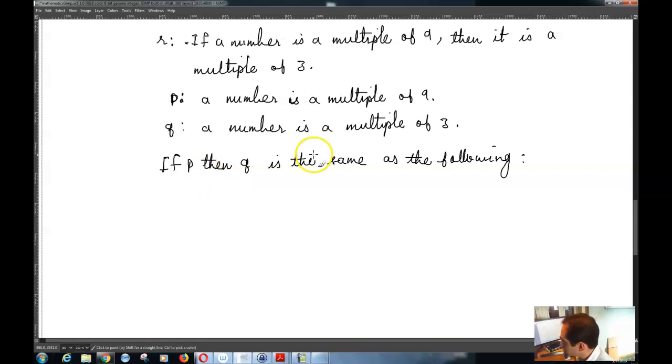It's not very intuitive. Not all of the ways of understanding if P then Q are very intuitive. So number one, we can say that if P then Q is actually the same thing as P implies Q. It's basically the exact same thing.